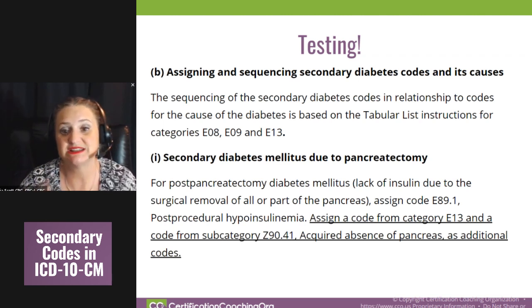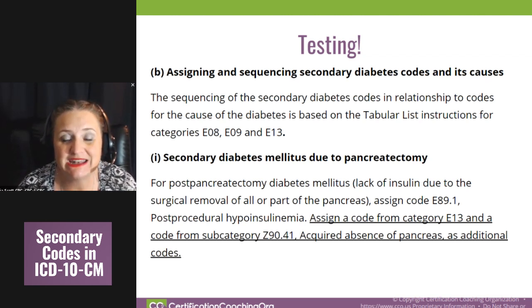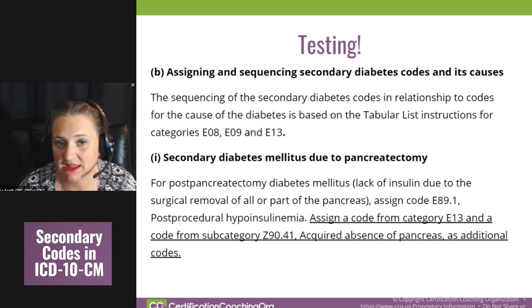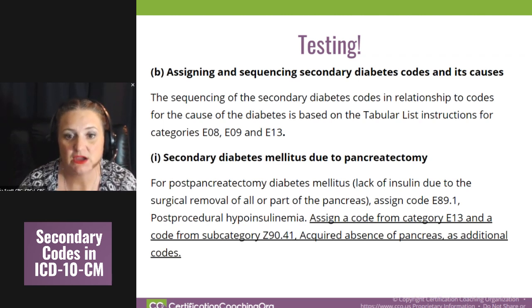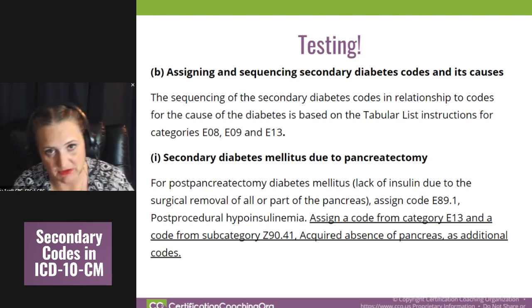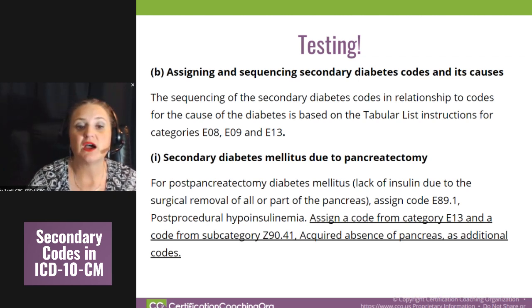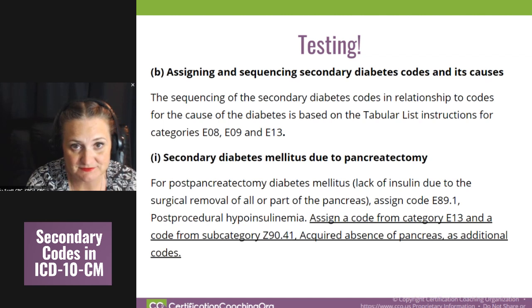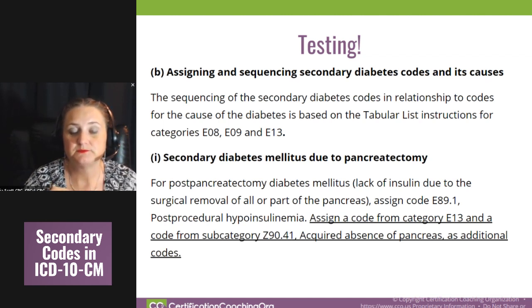It says, hey, heads up, you're also going to assign the code E89.1, which is post-procedural hypoinsulinemia. What does that mean? Because we had a procedure, a pancreatectomy, we don't have enough insulin, hypoinsulinemia.